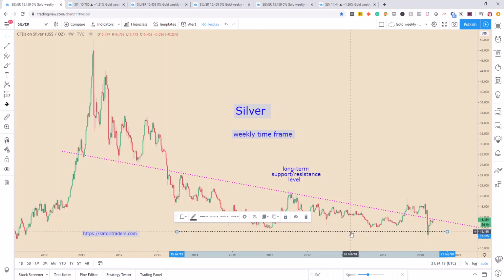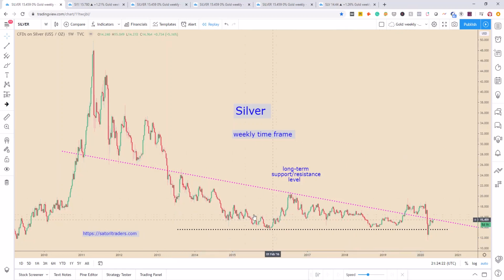And speaking of that floor, just while we're down there, it's 13ish. Something like that. And so we can see that from a horizontal support level, price has found support down at 1370-ish, somewhere in there.